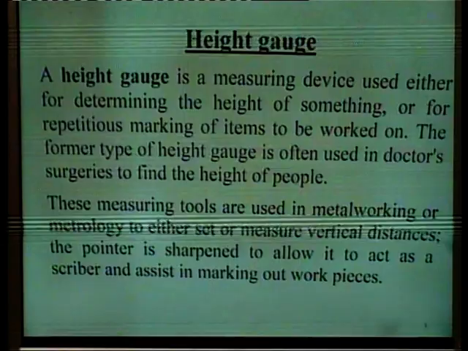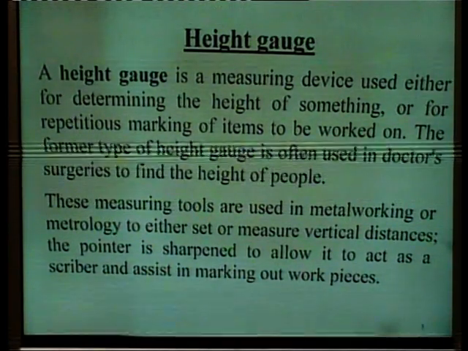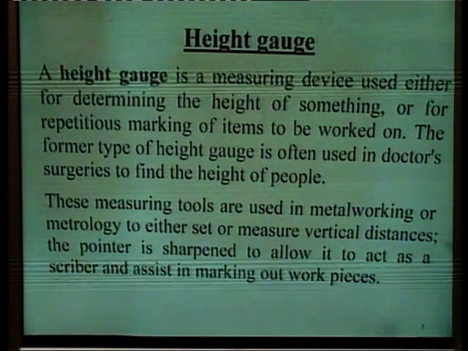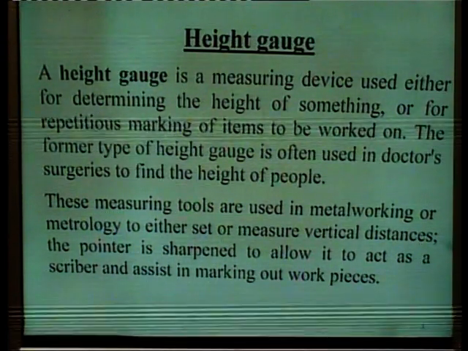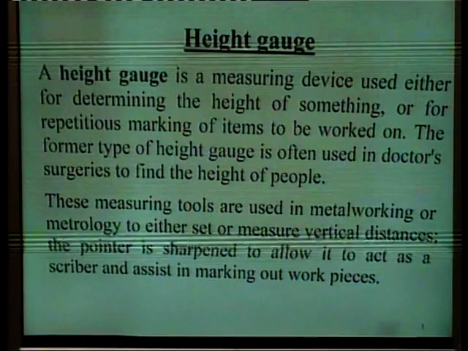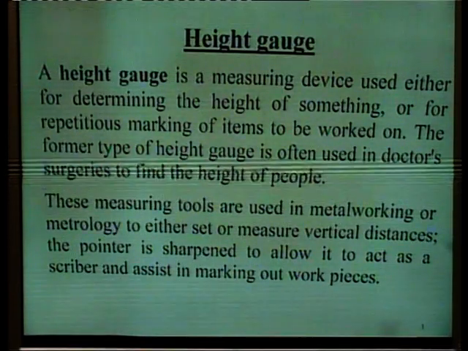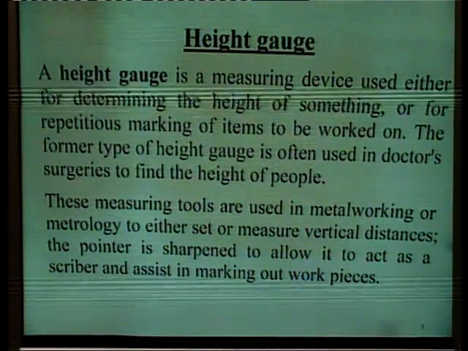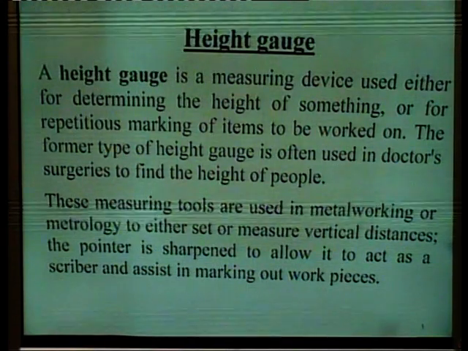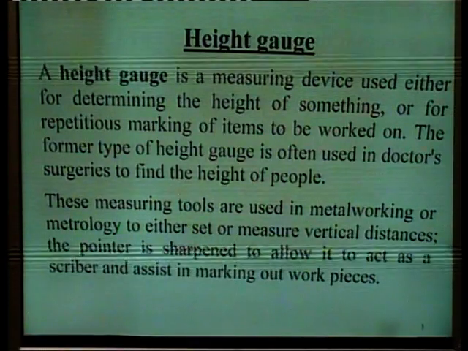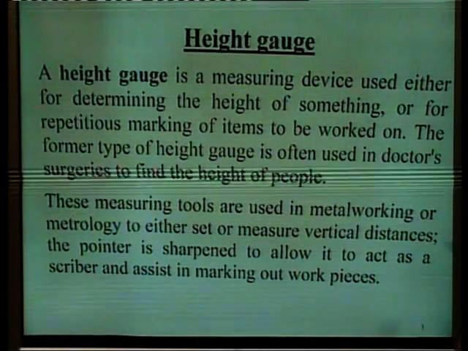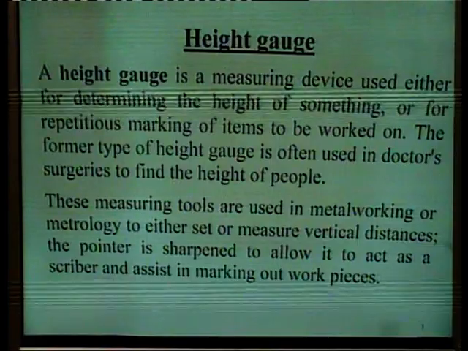Height gauges. If we define the height gauge, a height gauge is a measuring device used either for determining the height of something or for repetition marking of items to be worked on. The former type of height gauge is often used in doctors' surgeries to find the height of people.